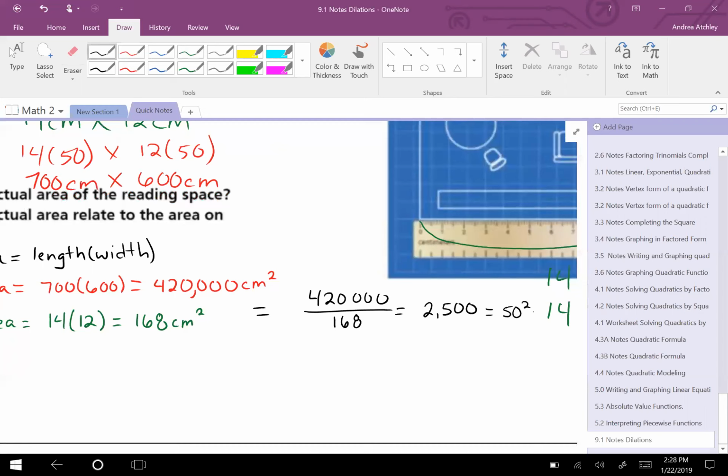When we increased the side length, did we just increase one side length? Did we only multiply by 50 once? No, we multiplied by 50 twice, right? So when I find the area, I have to multiply 50 times 50, which is 50 squared. So the area scale factor is going to be the scale factor squared.